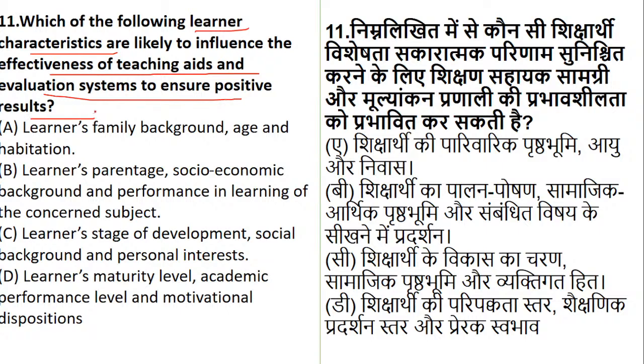Given below: learner's family background, age and habitation; learner's parentage, the socio-economic background and the performance in learning; learner's stage of development or social background and personal interest; learner's maturity level, academic performance and motivational dispositions. So from the given options, what do you think are the characteristics of the learner which influence the teaching aids as well as the evaluation system to come out with positive results?